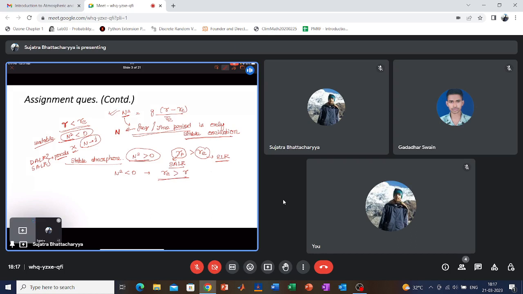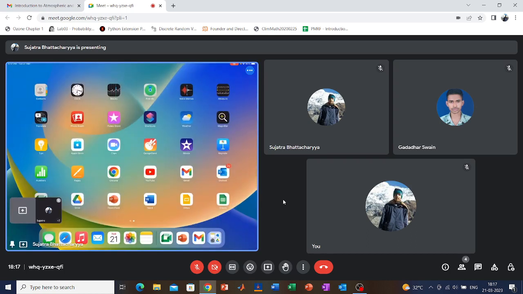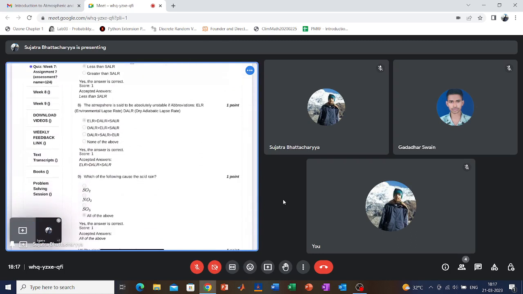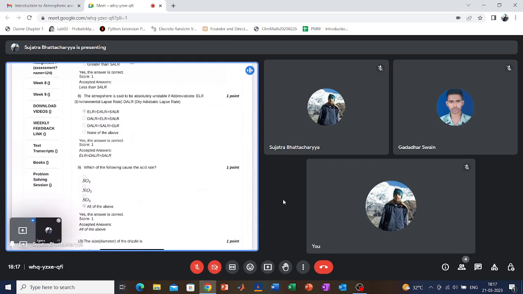Now this gamma can be DALR, the dry adiabatic lapse rate, or it can be SALR, the saturated adiabatic lapse rate. This gamma can be both. Therefore, ELR should be greater than all others. And why is DALR greater than SALR?